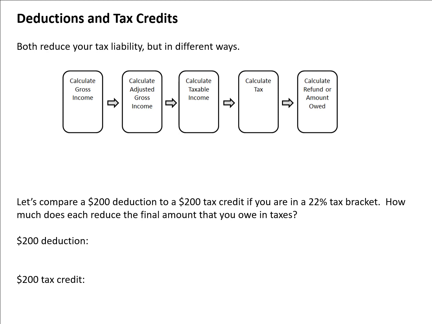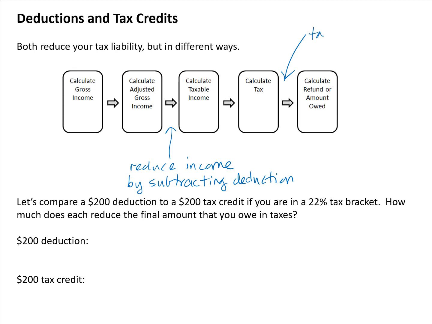All right, let's take a look at deductions and tax credits. Both of them help reduce how much tax you pay, but they do it in different ways. Tax deductions happen to your income. So you reduce your income by subtracting deductions, and this happens prior to calculating tax, whereas tax credits reduce your actual tax that you owe.